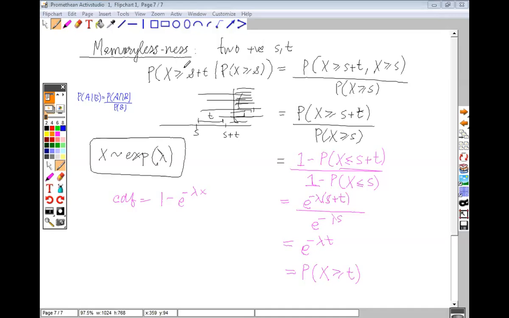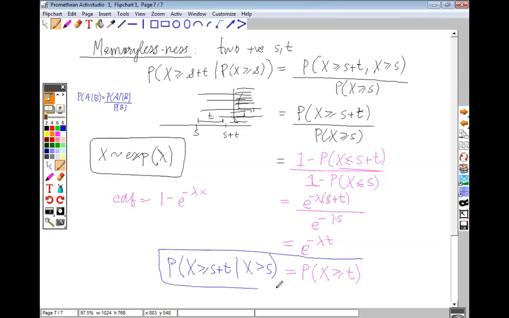So if I have to rewrite this, I can summarize my memoryless property like this. All right. Does this make sense? Anyone has any questions?